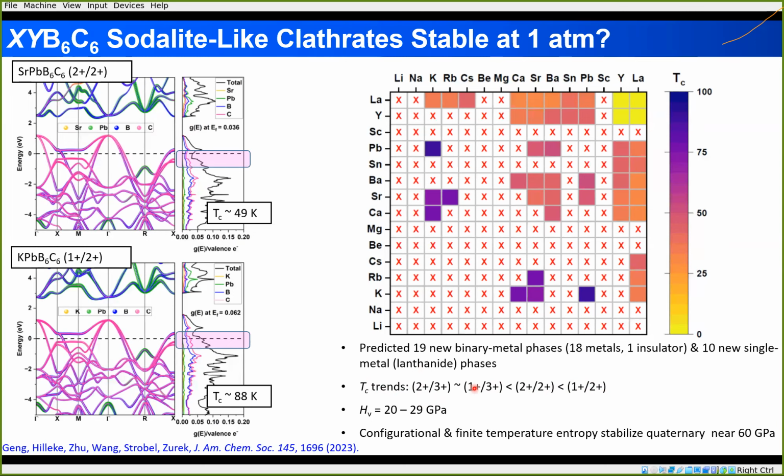And one can also estimate via this machine learning method that I mentioned earlier what the Vickers hardness is. And again, this correlates very well with the fact that the more metallic the systems are, the slightly lower the Vickers hardness is. So the highest TC we calculate is for this potassium lead type system that might have a TC on the order of 88 Kelvin at 1 atmosphere.